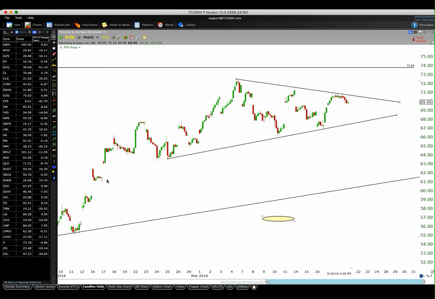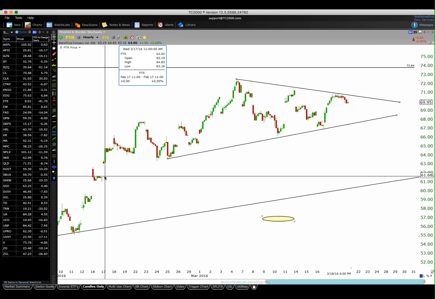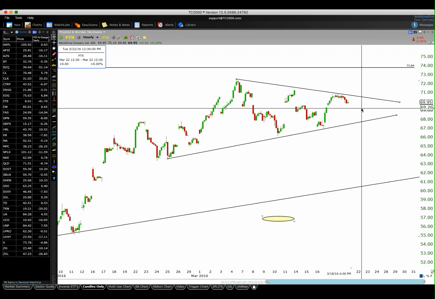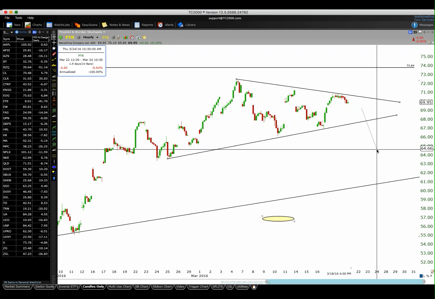Potentially we could come all the way down here, but I know I want 50% profit when we get to this line right here. Because if we don't break this line, then we're going higher. If we do break this line, we're going lower. But I have room right here, if I take 50% or more off the table, to let this bounce up to this area and then come crashing through.